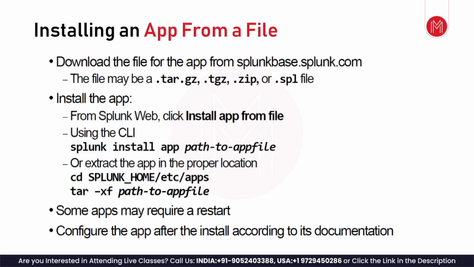Using the CLI also, you can run the splunk install app command and install the application. To extract or add the application in etc/apps, go into etc/apps and extract the application, otherwise you can download it and add it from the UI directly. Some apps may require restart. As discussed, some applications will definitely require restart.